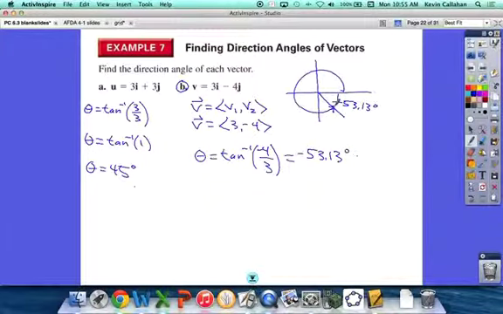So how will we find that? Add 360, right? So if I add 360 plus -53.13, that's 306.87 degrees.